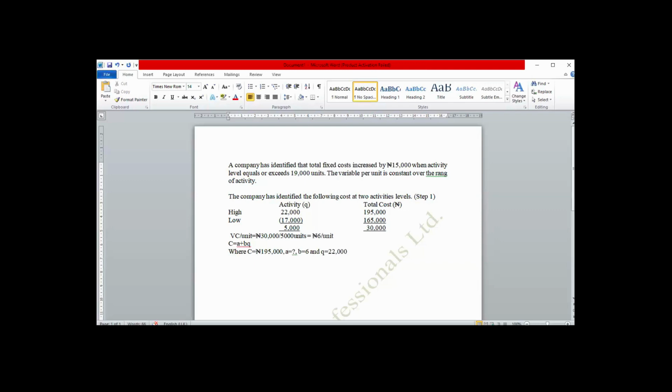We can now say that 195,000 equals A plus 6 naira times 22,000.